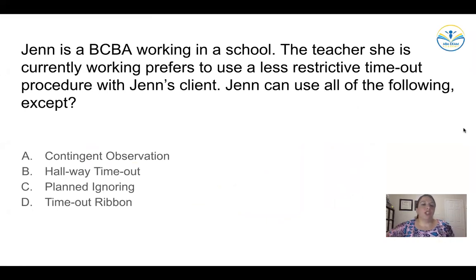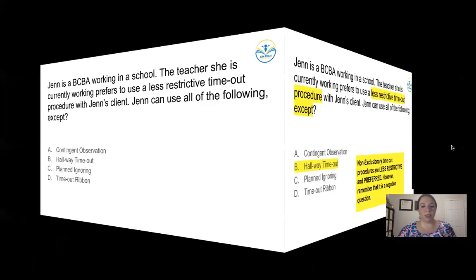Next question. Jen is a BCBA working in a school. The teacher she is currently working with prefers to use a less restrictive timeout procedure with Jen's client. Jen can use all of the following except A, contingent observation, B, hallway timeout, C, planned ignoring, or D, timeout ribbon. B. B. B. All right, you guys are cohesive.